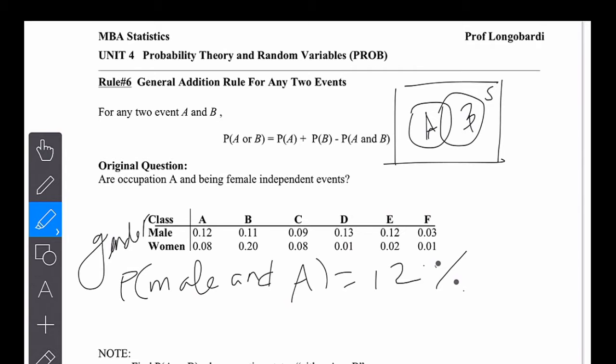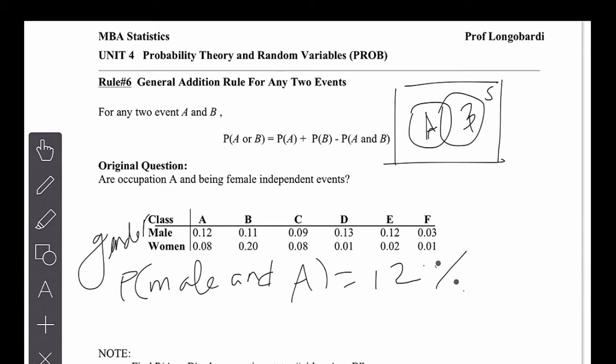I have to be careful how I say this, right? But basically the point is, if you see a person walk in a room and it's a woman, your sense of what occupational class they're going to fall into might change, considering whatever I'm going to use as A, B, C, or D. So in that case, if that's how you feel, then occupation A and being female would not be independent events.